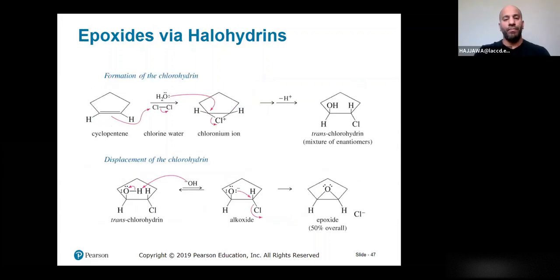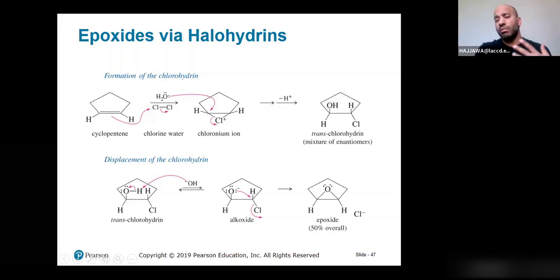Here is the whole route using cyclopentene, reacting with chlorine and water, that will make the chlorohydrin. The first step would be to make the chloronium ion. This chloronium ion is stereoselective, so you could make the Cl on one face or the other. And the water will attack the carbon that's more substituted.